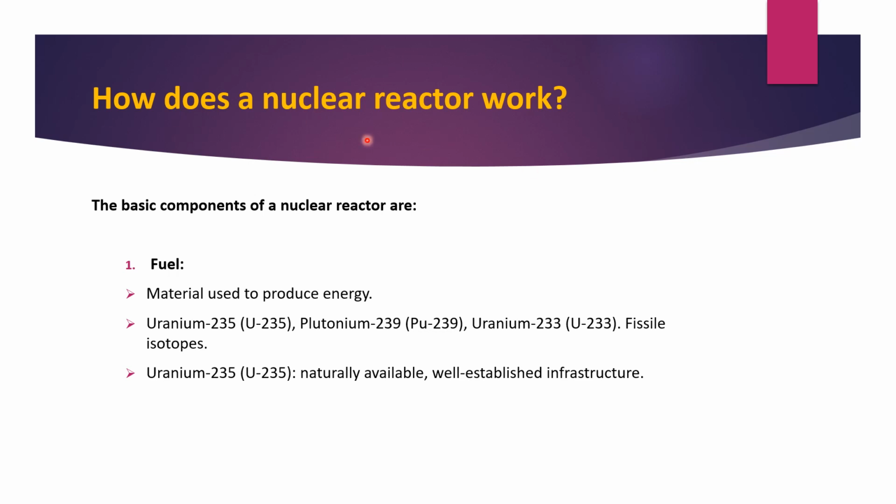Now we'll see the working principle of a nuclear reactor. What are the basic components? The first one is the fuel. Fuel is the material used to produce the energy.